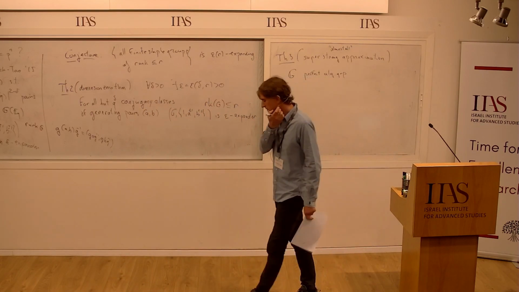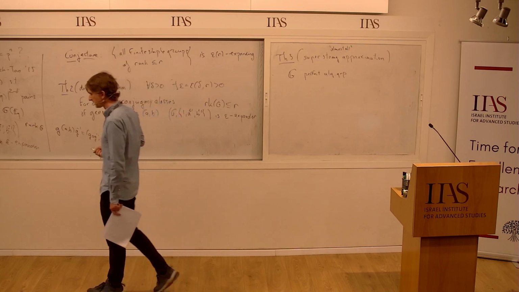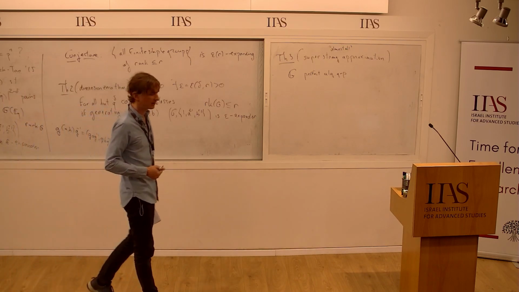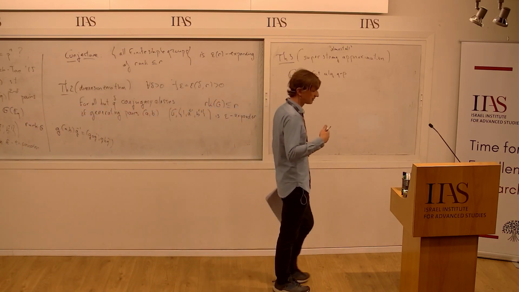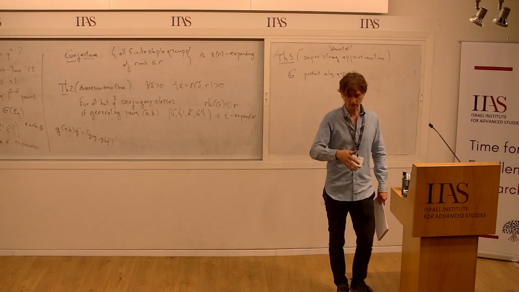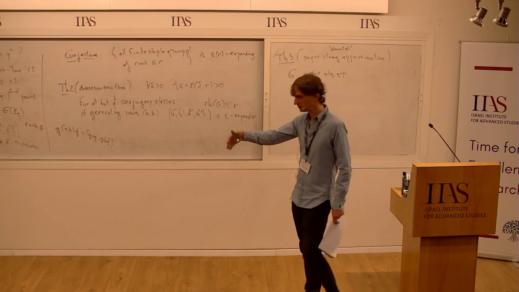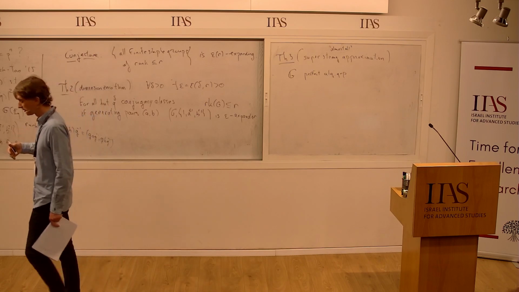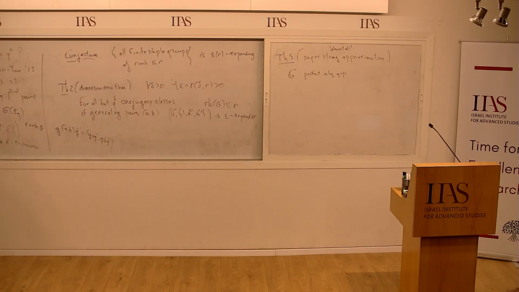Strong approximation is a theorem that tells you that if you start with a Zariski dense subgroup of G of Z, and you reduce modulo a large prime, then eventually the map from the Zariski dense group to G of Fp will be surjective. This is true if G is simply connected, and it's almost true if it's not simply connected.